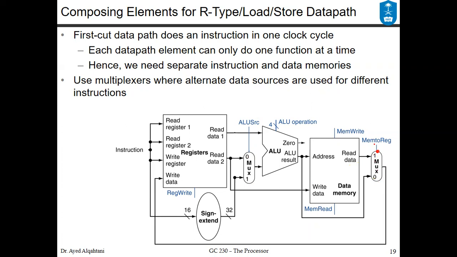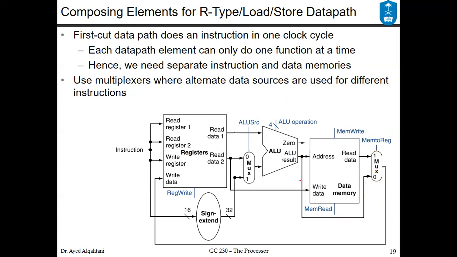So if you want to write back to the register and you want the output of the ALU, meaning you have an R-type instruction running, you need to write back and skip the data memory completely and go to the register file, because the R type doesn't access the data memory. So at this point, you have to make this equal to 0.